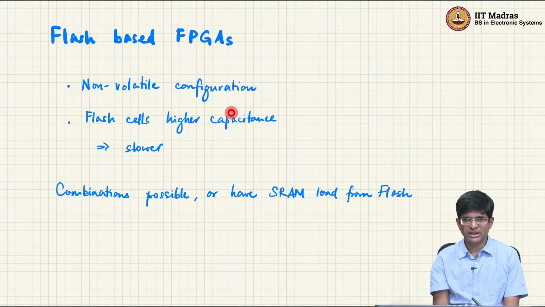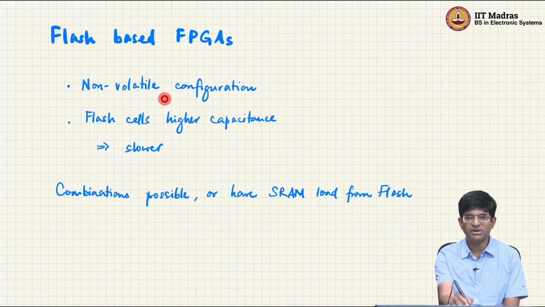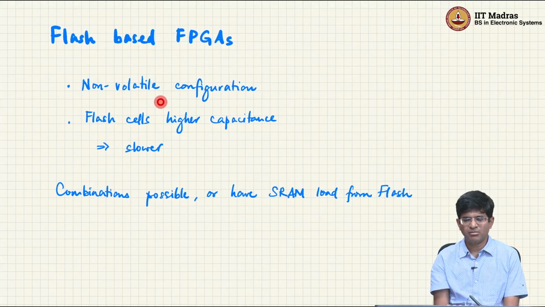Another type of FPGA is what are called flash based FPGAs, which address exactly that problem. They are non-volatile, right. But how they become non-volatile is they actually use some kind of flash memory in order to hold the configuration. The problem is those flash cells typically have a higher capacitance than the equivalent SRAM cells, and although it may not be obvious right now, higher capacitance in general translates into higher delay, right, and basically makes the chip slower.